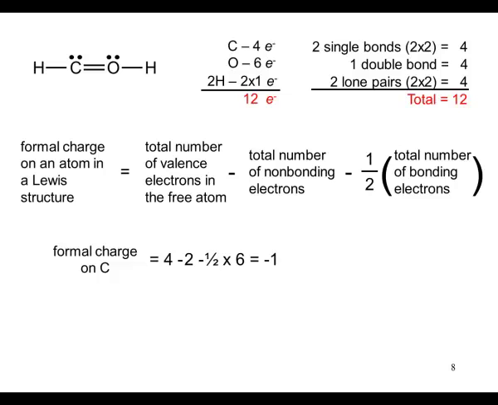This evaluates to be minus 1. The formal charge on oxygen, 6 valence electrons minus 2 non-bonding electrons minus 1/2 the 6, for a formal charge of plus 1.